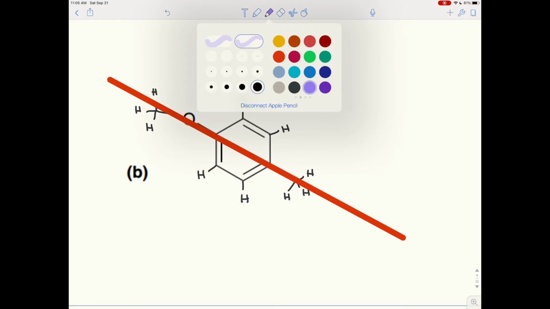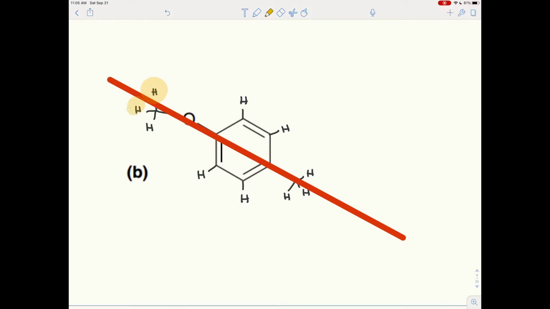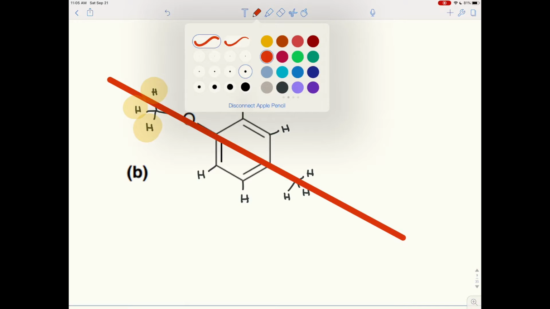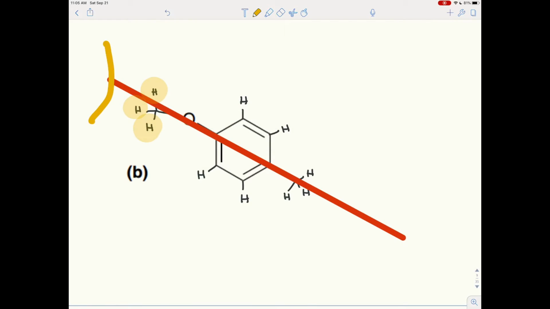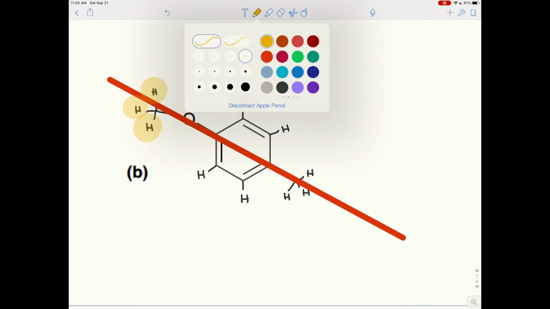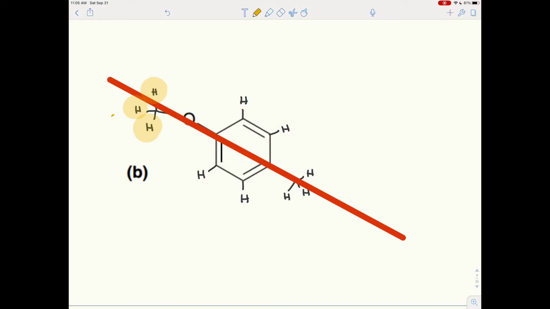Now if you notice, these hydrogens here all have nothing to the left of them, and the whole molecule connected by an oxygen to the right. No other hydrogens in the molecule have that environment, and so that's going to be one electronic environment. That'll be its own signal.